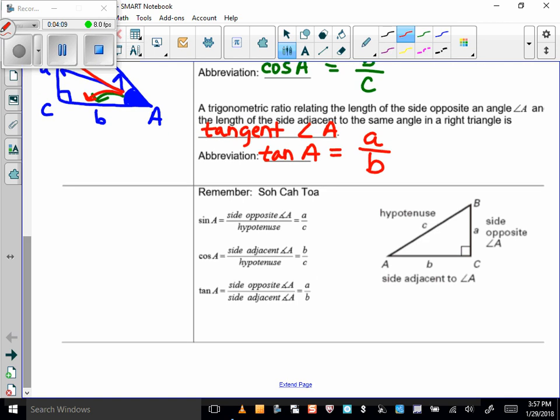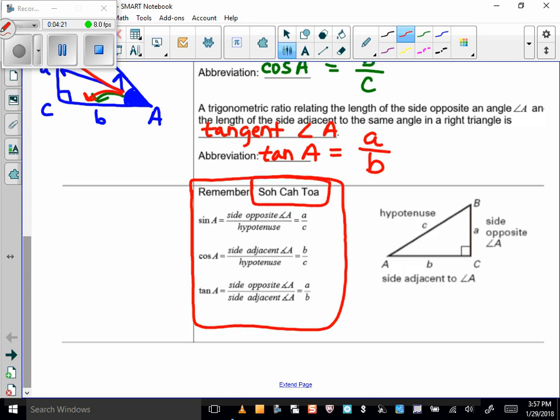You have to remember those three ratios. We will use those time and time again. And here they are all put together. Look at this little thing here. It says, remember SOH CAH TOA. If I've got SOH, S, that's sine, opposite over hypotenuse.